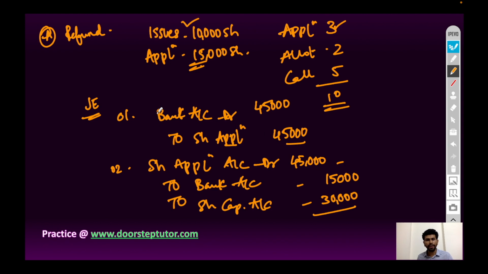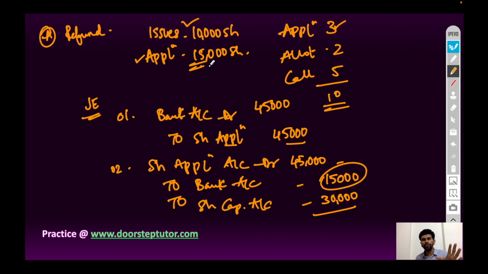So the first entry will be bank account debit to share application account, application 15,000 multiplied by 3, 45,000, and the second entry will be share application account debit to bank account and to share capital account, because application money on the excessive 5,000 shares will be refunded.